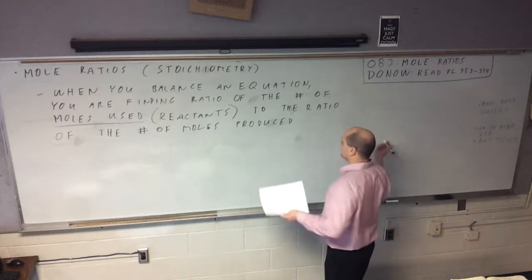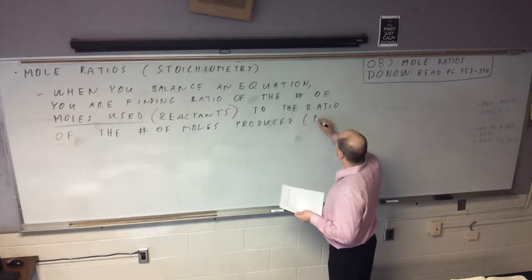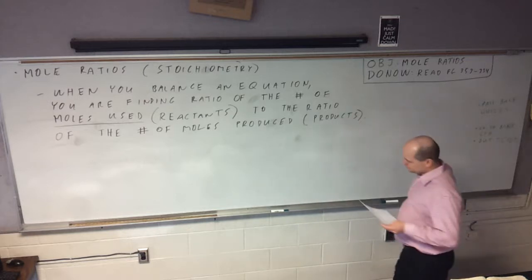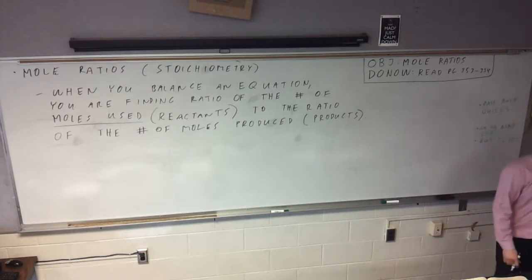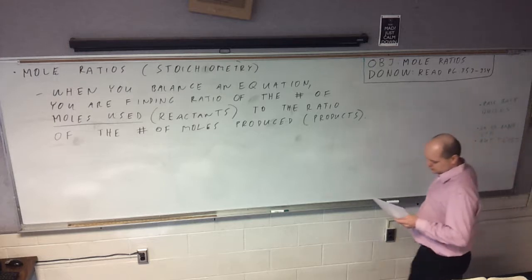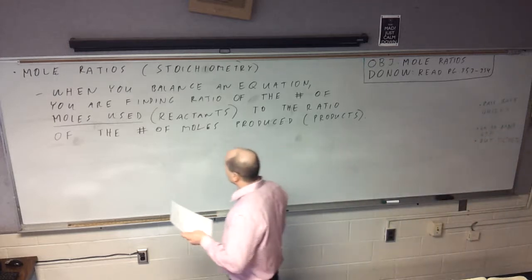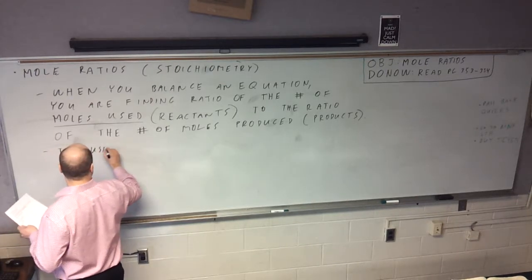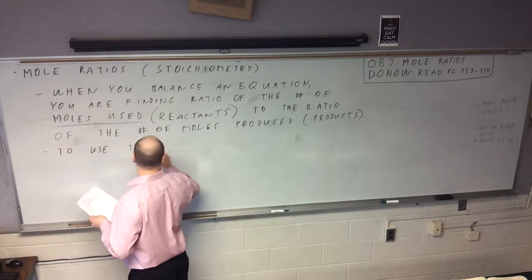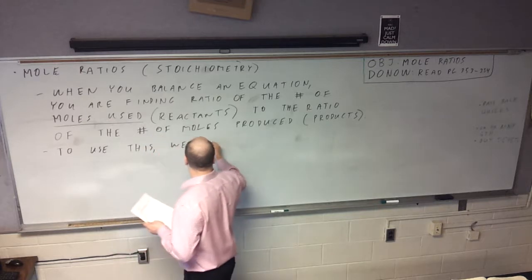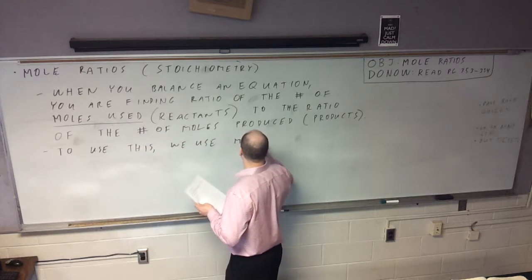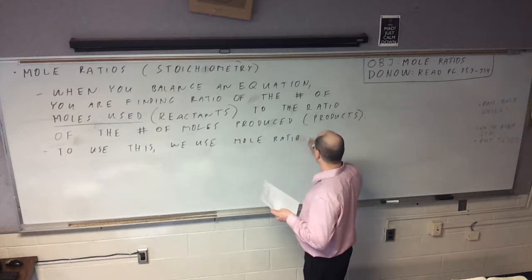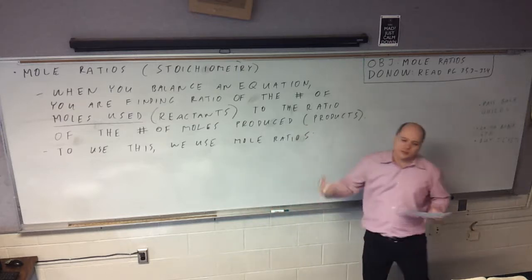That's the stuff the arrow points to in the chemical equation. Use mole ratios. It's just the ratios of the numbers in the balanced equation.